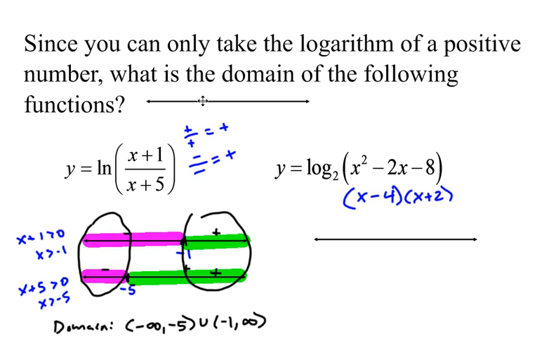So let's bring down two number lines, and we'll take the first one being when x minus 4 is greater than 0. That means x has to be greater than 4. So here's 4 right there. And our second one is when x plus 2 is greater than 0. That's going to be when x is greater than negative 2. So here's my negative 2.